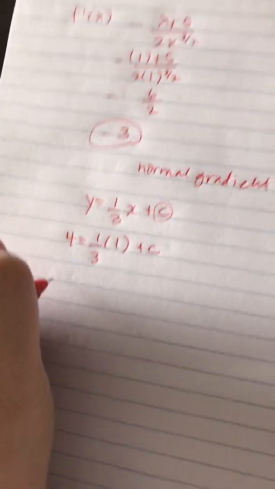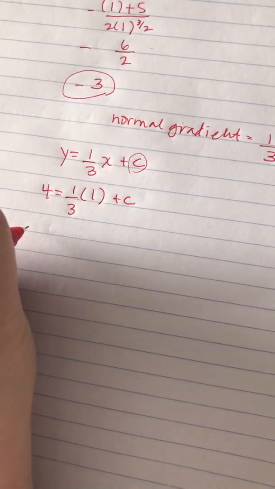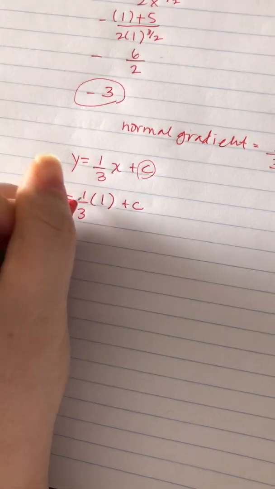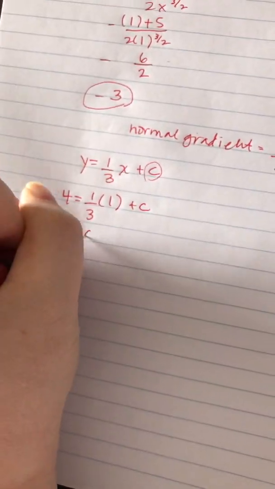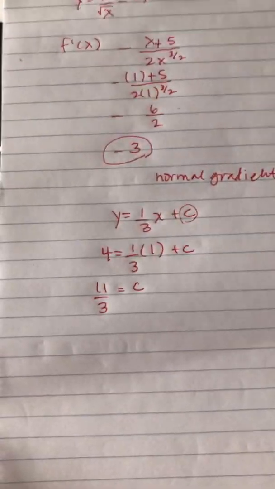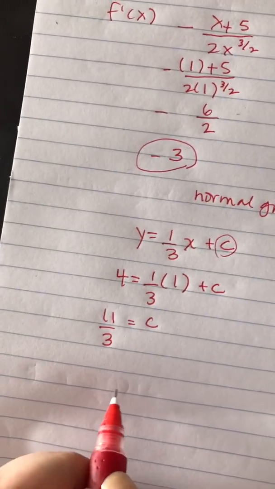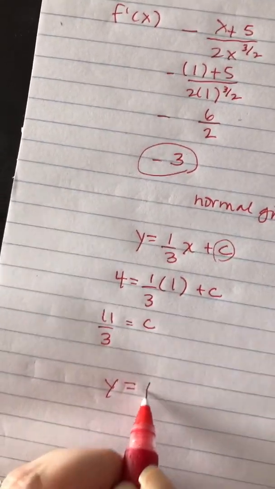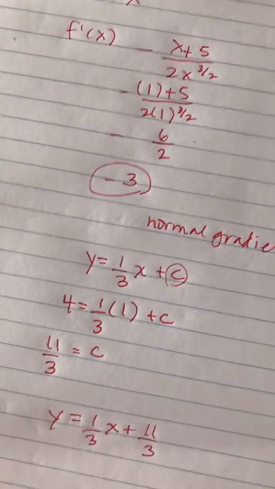So then we get 4, take away 1/3 gives us 11 over 3. And so that equals c, okay? So now we know that the line is y is equal to 1/3 x plus 11 over 3.